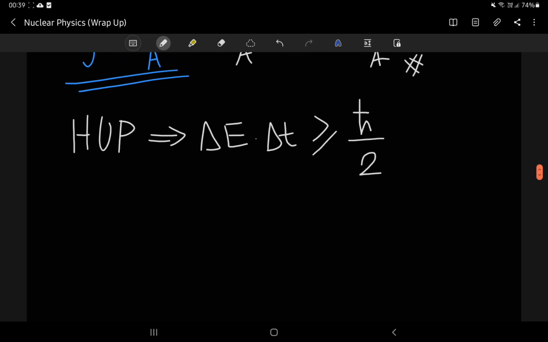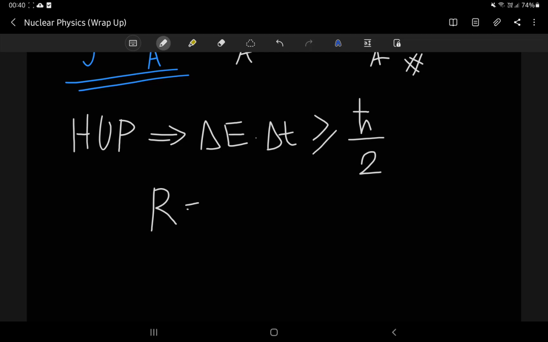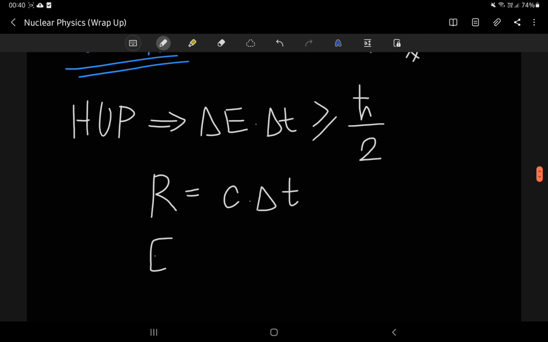And we also learn about the range, or what we call the effective range of the weak force. Okay, we have the formula as R, the range, is equivalent to c, the speed of light, times the delta T. Okay, and then we have E equals to mc square.